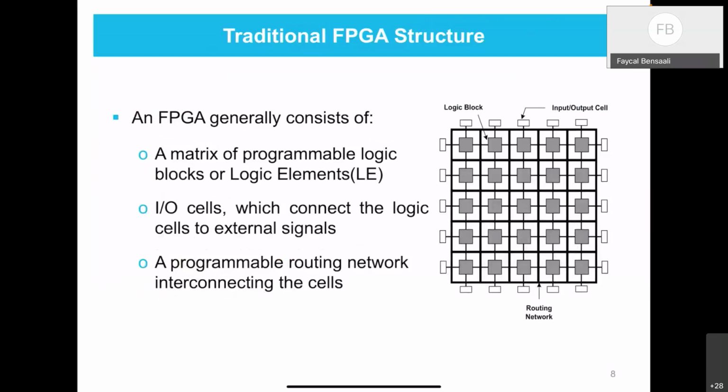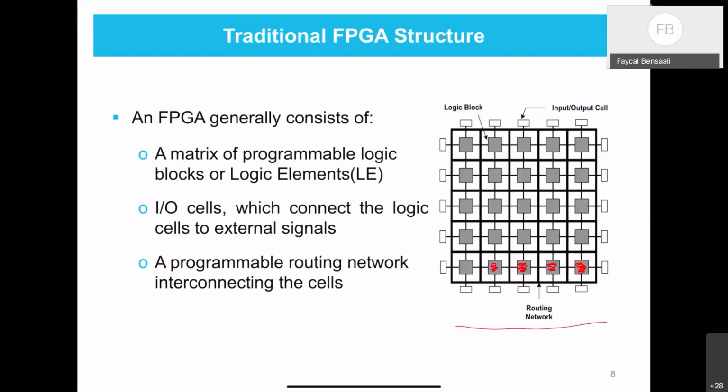So now, what do we have inside the FPGA? This figure shows the traditional FPGA structure. We have a matrix of programmable logic blocks or logic elements. So those are what we have here. I'm marking those in gray, and now I'm writing in red on top of them.